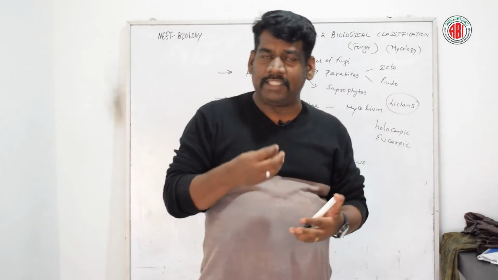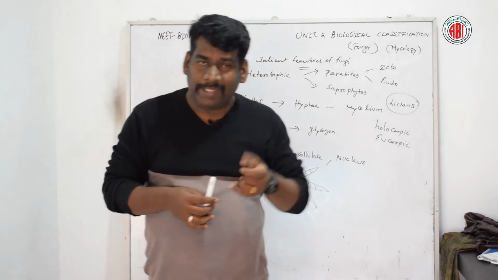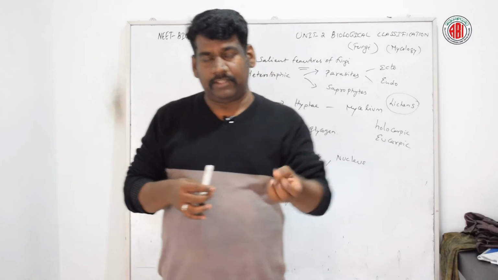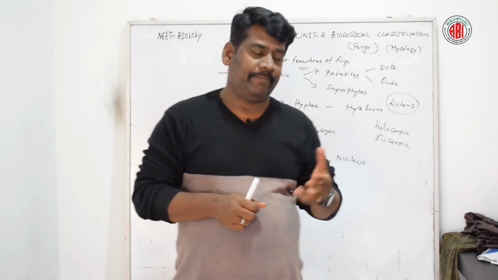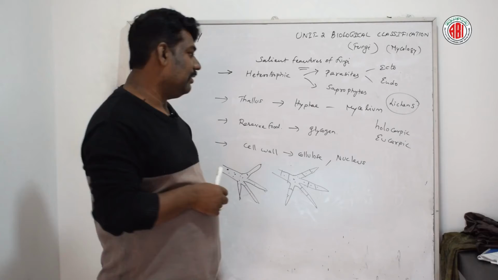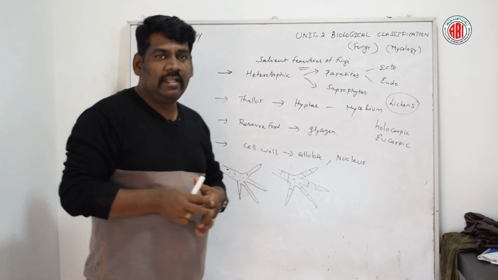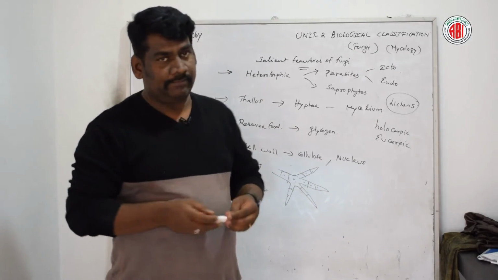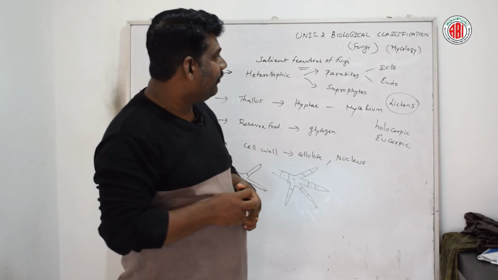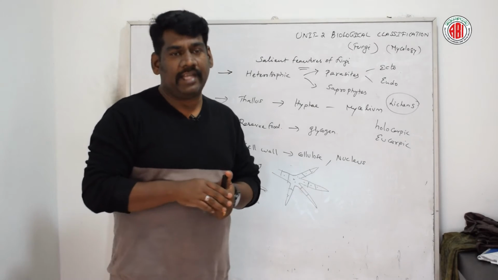These oil droplets and glycogen granules are called the reserve food, extracted from the sources of nutrient and stored in the hyphae of the thallus. So this is the cell wall and cell structure, or the tissue structure, of the hyphae of organisms belonging to the kingdom fungi.